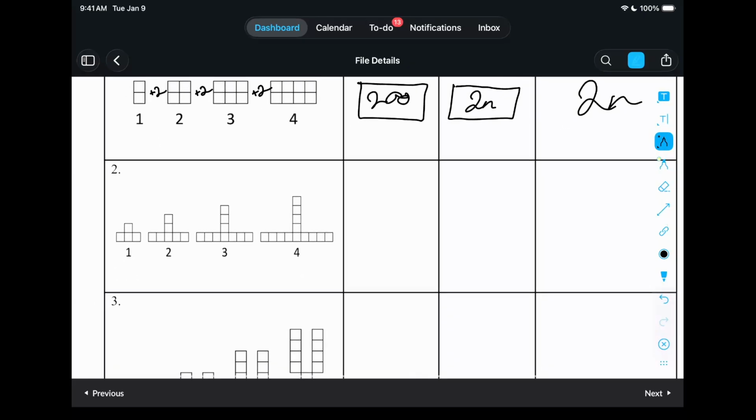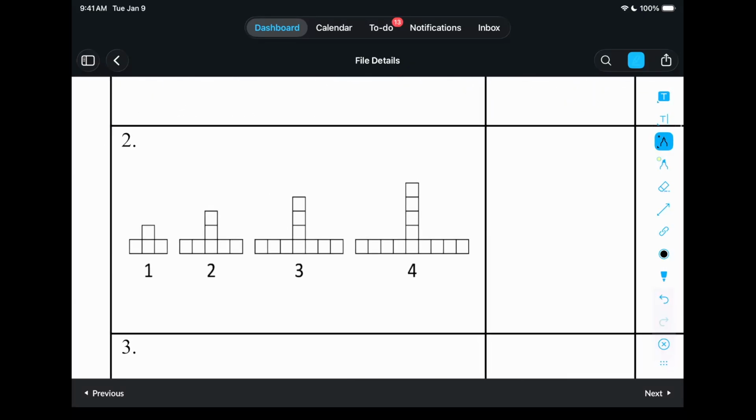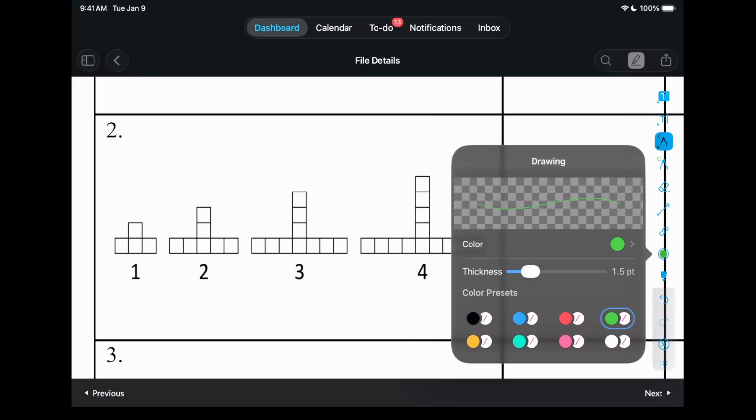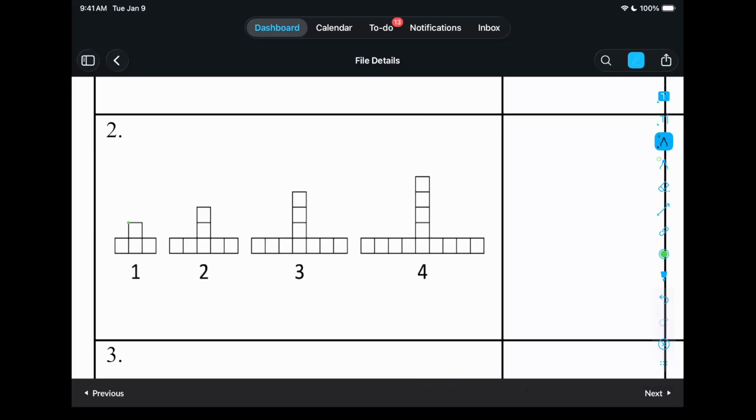Now this one, I like this one. I don't mind this one. So we have our figure here. So I'm going to go back to my green. Seeing a little bit of that, right? This is one option. Or we have that.